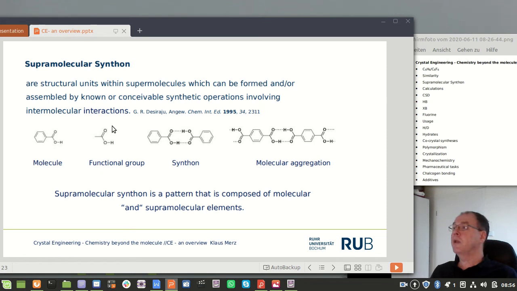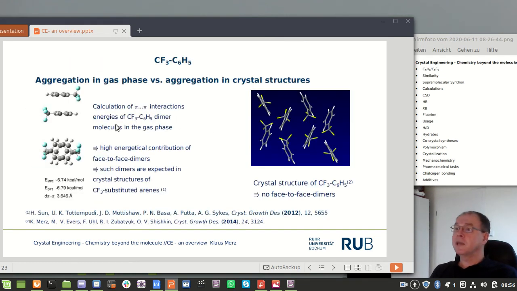And when we said, okay, very important in crystal engineering is the prediction of crystal structures, thinking about the crystal structure of suggested desired crystal structures. And when we said calculations are very helpful, but it's very important which calculation method you use.